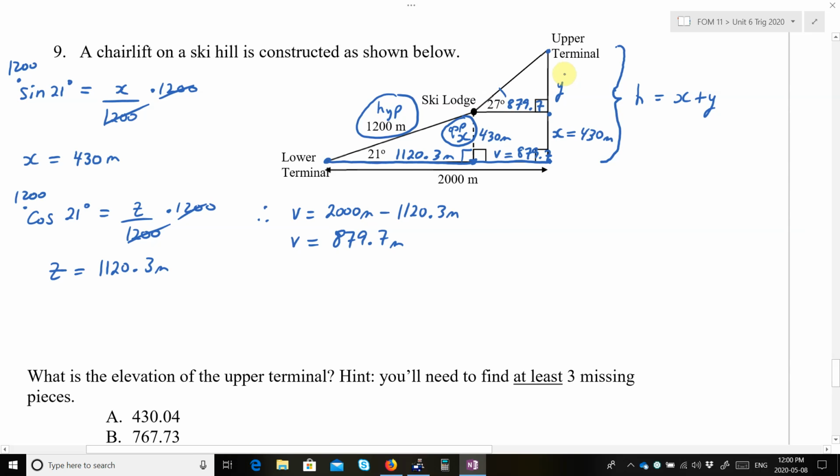So across from the 27 degrees, this is the opposite side. Across from the 90 is the hypotenuse. So this 879 business is the adjacent. So I'm going to be working with opposite and adjacent, so that's tan. Tan of 27 degrees equals opposite y over adjacent 879.7, and then multiply both sides by 879.7.